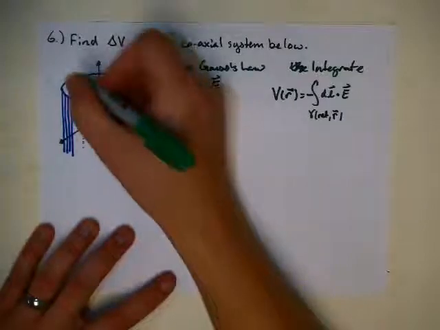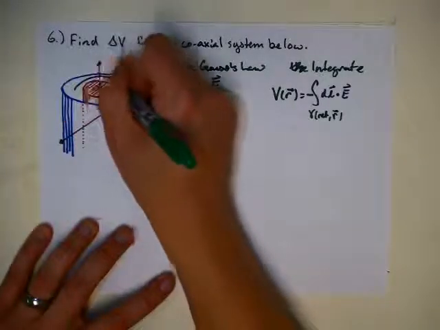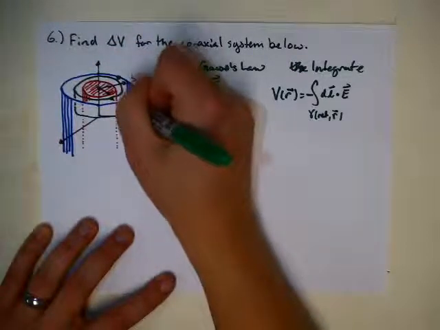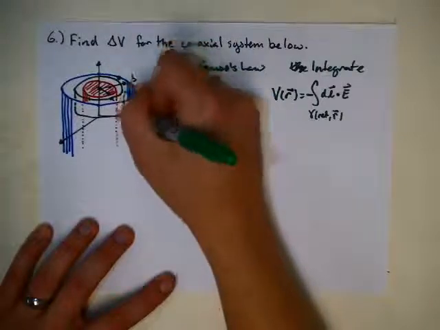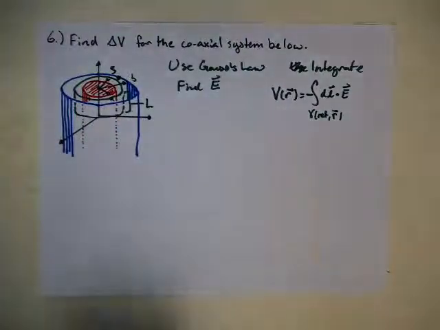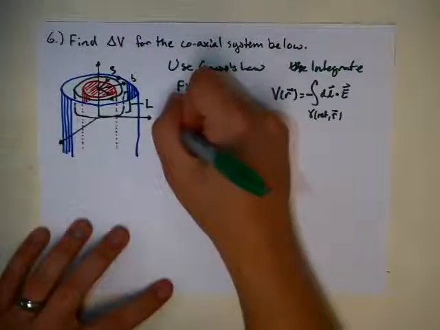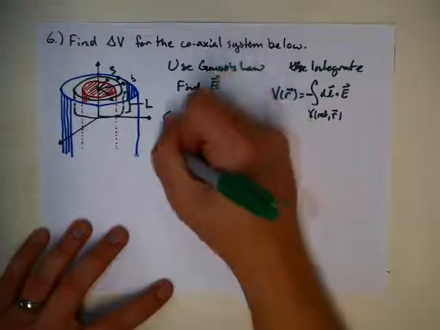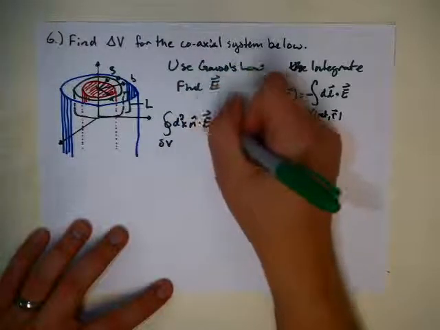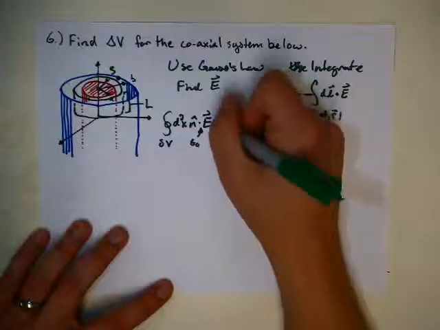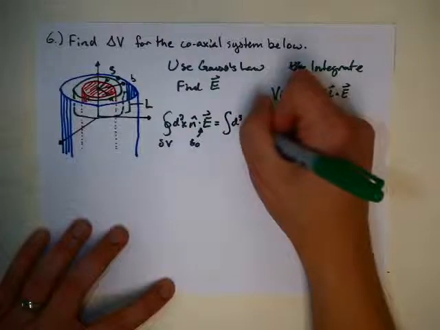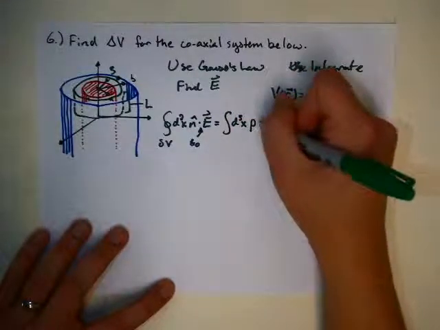We have a cylindrically symmetric system, so the Gaussian surface we use in this case is going to be a cylinder. The height of the cylinder we're going to say is L, and the radius of the cylinder is S. The integral form of Gauss's law says that the flux of the electric field through the sides of the volume, times epsilon naught, equals the total charge enclosed, which is a volume integral of our charge density.